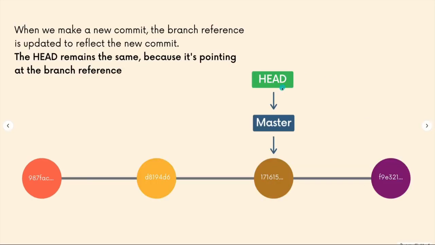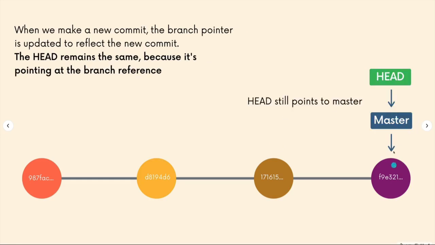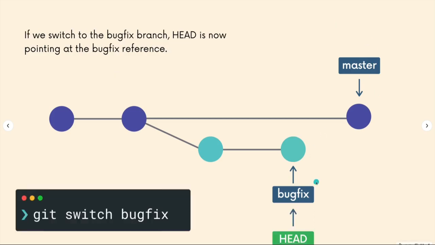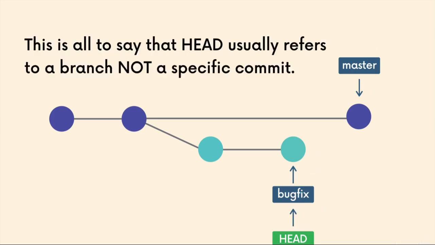So if I'm on the master branch, HEAD points to master, and master points to some commits. If I make a new commit, master updates to point to that new commit, but HEAD still points at master, right? HEAD is still just pointing at that branch. If I switch branches, I go to bug fix, HEAD switches to bug fix, but HEAD is still pointing to a branch. And that's really the main takeaway so far.